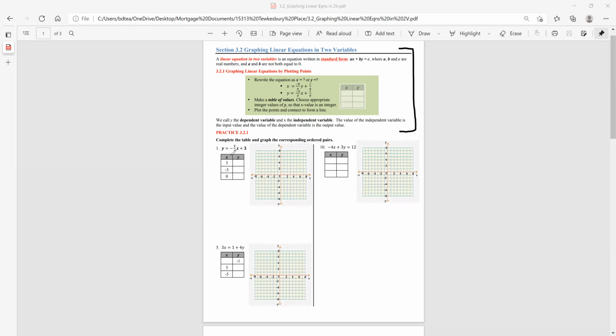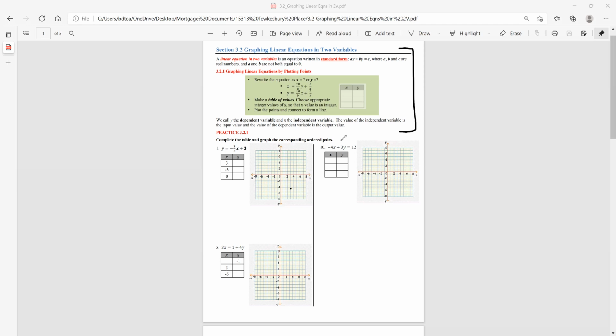In example number 1, they gave us the x values, so we'll substitute them for x to get y, and then plot the points to see what the graph looks like. On number 5, they gave us two x values that we'll substitute to find y, and one y value that we'll substitute to find x.